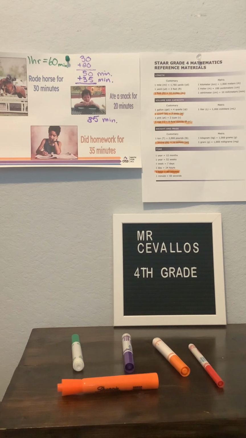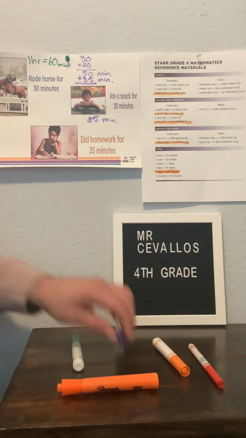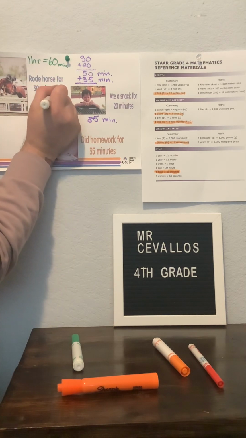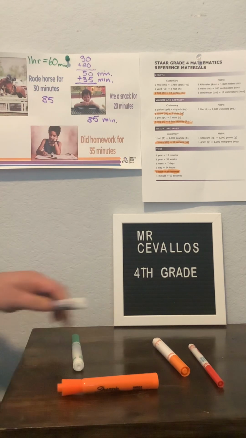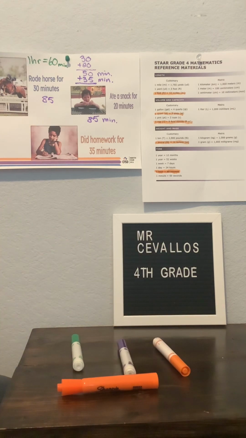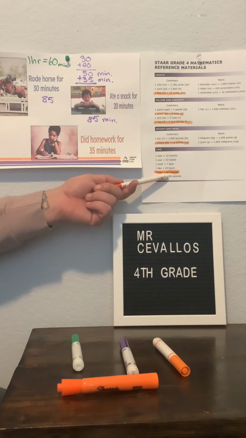Okay? So just follow me. So I'm going to get that 85 minutes, and I'm going to put it right there. Now, what do I mean by decompose? How can I break up or break down 85, especially when it comes to time, by 60 minutes?